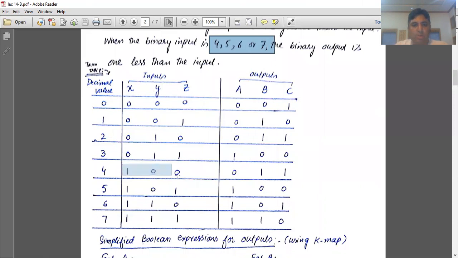So when the binary input is 4, the output is 1 less, which is 3. When the binary input is 5, output is 1 less, which is 4. When the input is 6, output is 1 less, which is 5. And when the input is 7, output is 1 less, which is 6. So this is the truth table of your question 4.2.